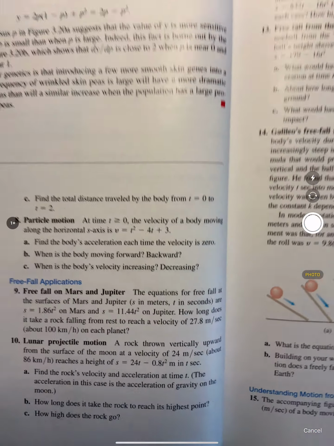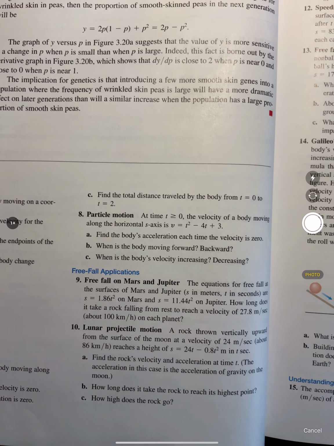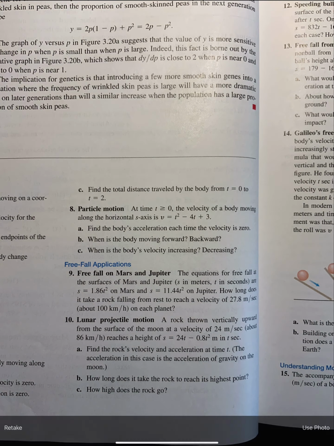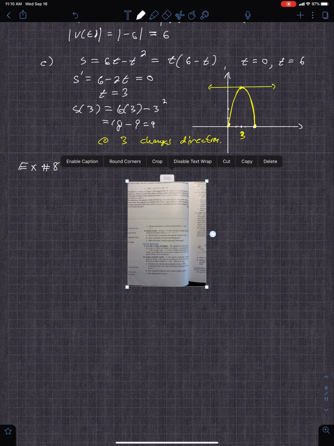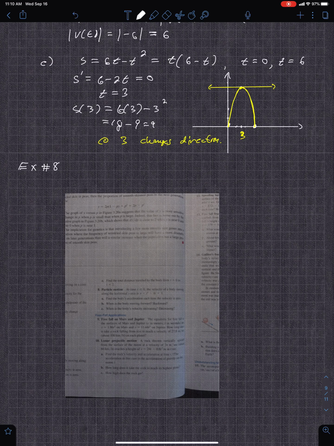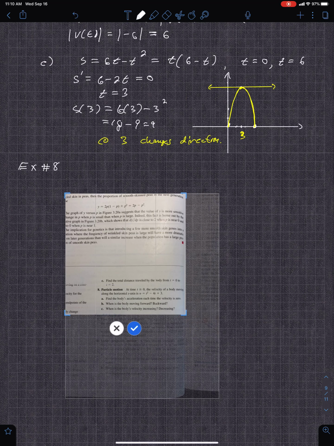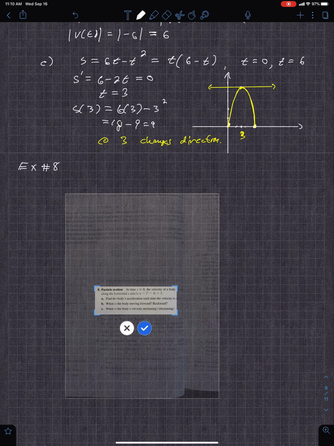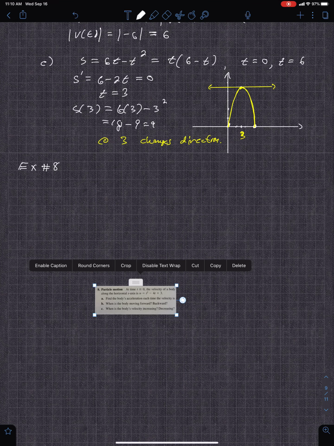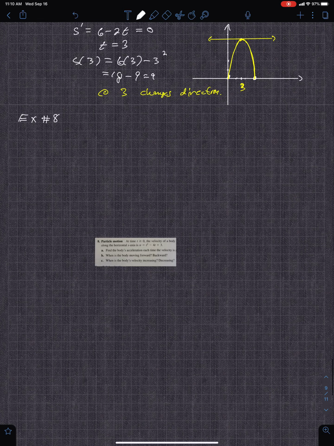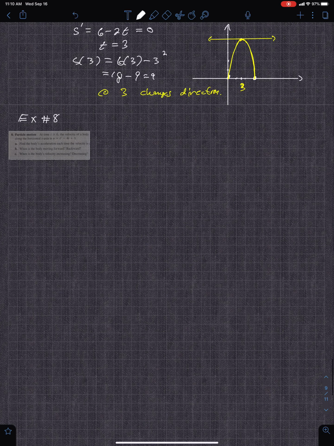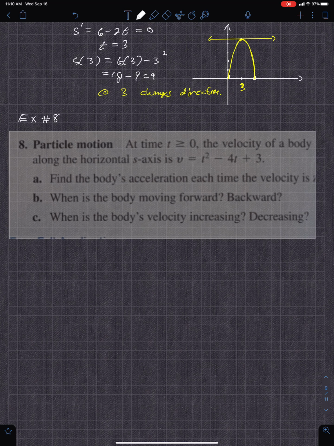So number 8 is this question. So let's use that guy here. Let's go ahead and crop that, like that. Let's make sure I got all of it in there.